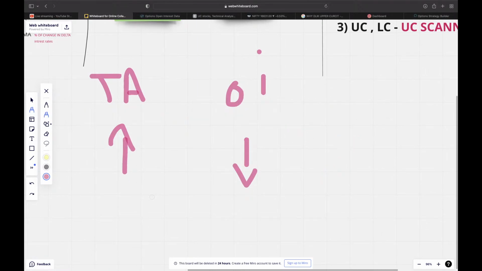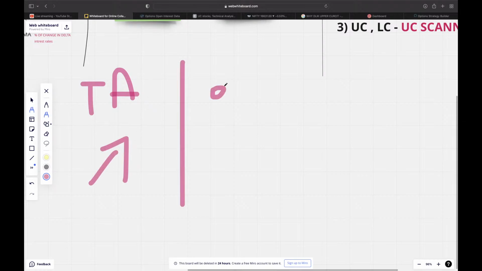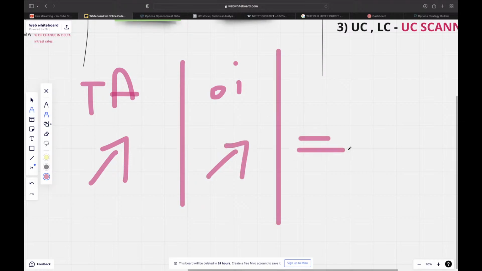But for example, your technical analysis says market will go up, your OI data says market will go up. Should you take this trade, everyone? Would you take this trade? Yes or no? Write in the chats.